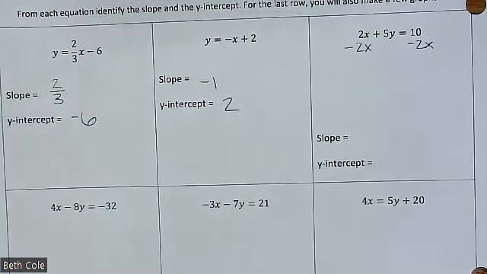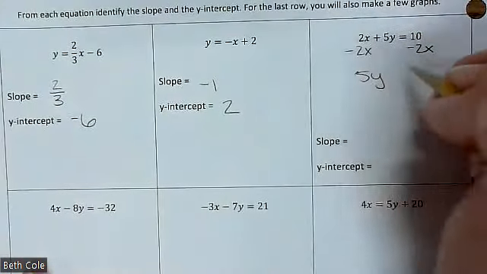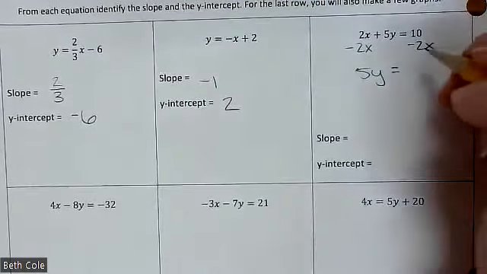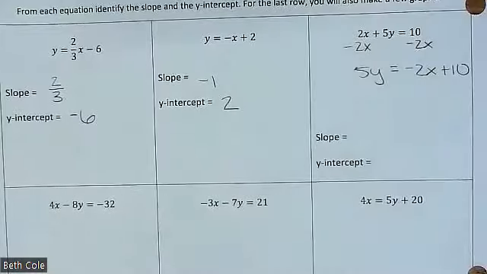You want y equals, then the x part, and then the leftover number. So when you write this, it'll be 5y equals, don't write 10 minus 2x. That's not wrong, but we want it the other way around. You want to write -2x plus 10 because you want the x to come first. It's just the correct order.